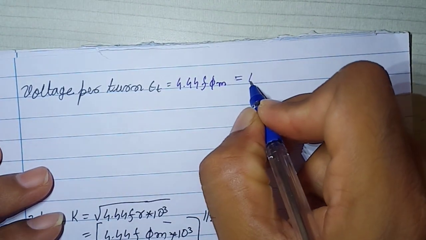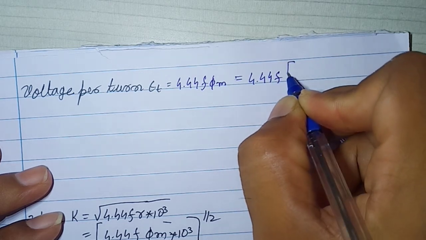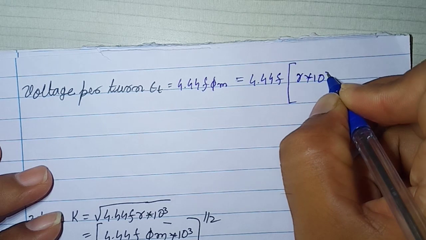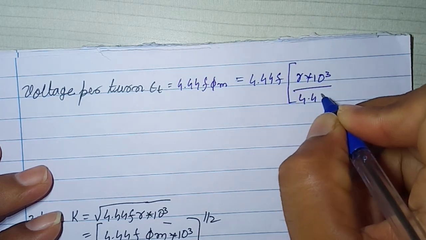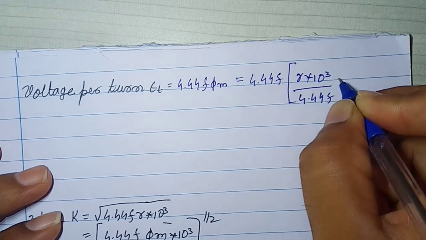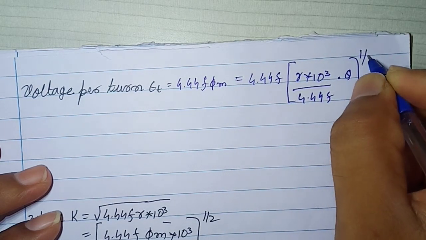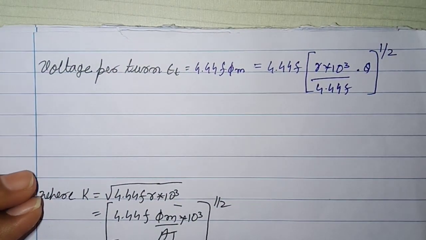So it is 4.44 F into R into 10 raised to 3 divided by 4.44 F into Q, whole raised to half, which is nothing but the square root that we had.